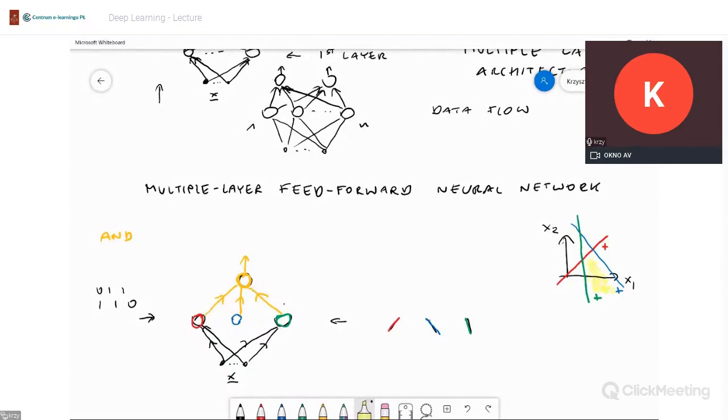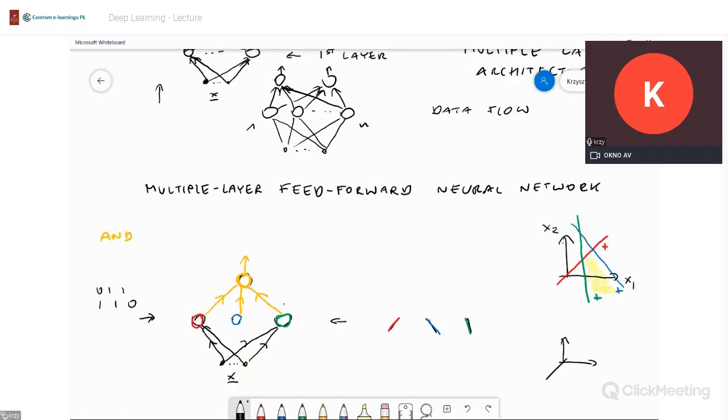My neuron can respond to the intersection of these 3 regions, because the problem that my neuron is solving right now is how to separate.